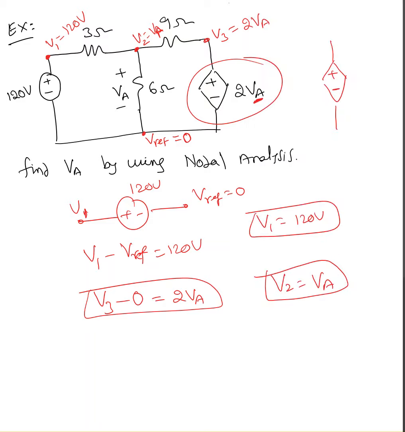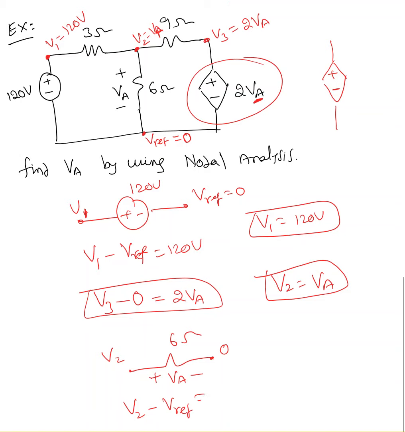I made it equal to VA because you can clearly see you have a 6 ohm resistor and the voltage across this is VA and the other voltage is 0. You're taking this as V2. So V2 minus V reference, which is 0, equal to VA. So V2 equal to VA. Instead of calling them V1, V2, V3, now I found this value as 120, this value as VA, and this value as 2 VA.